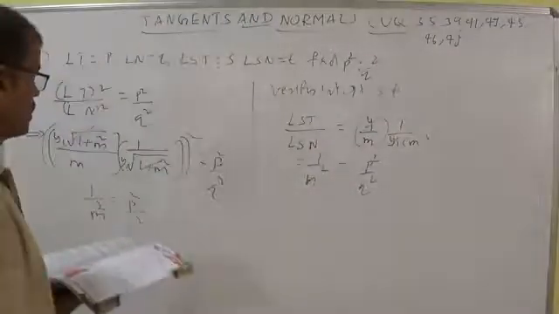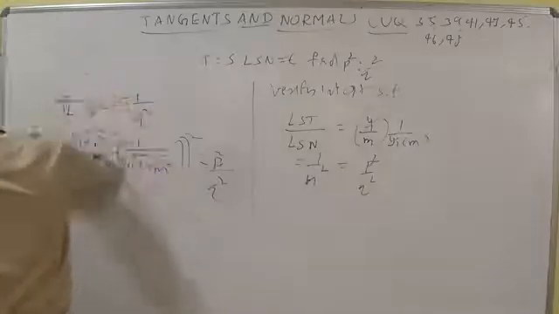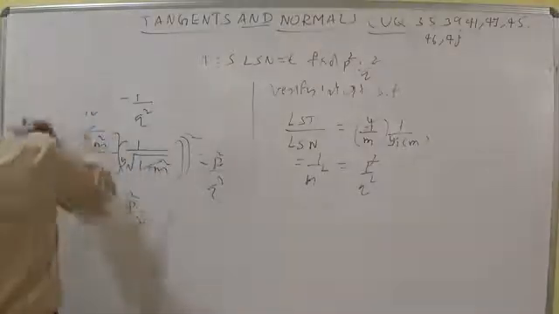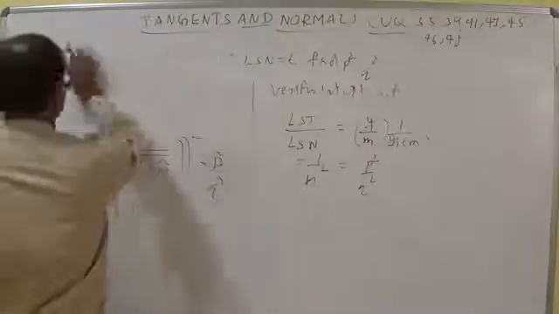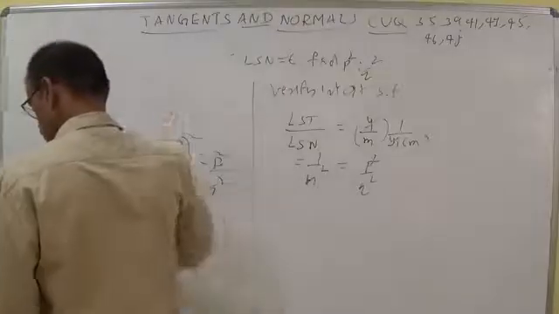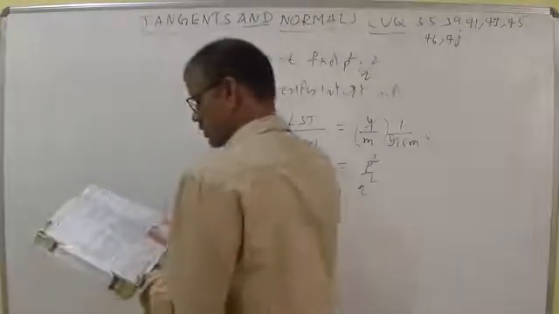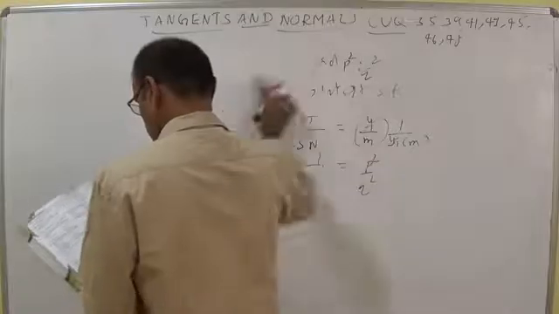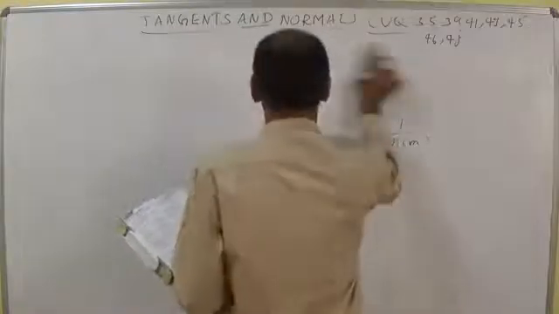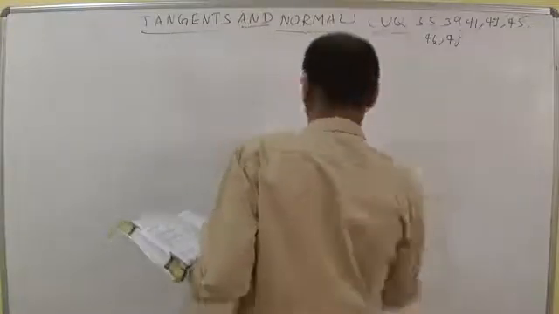Next, the 39th question. According to the condition, if the subnormal to the curve x square y power n is equal to a square, a constant, then find n.